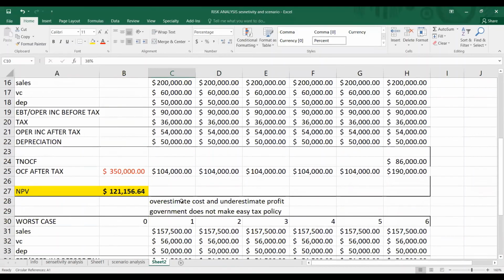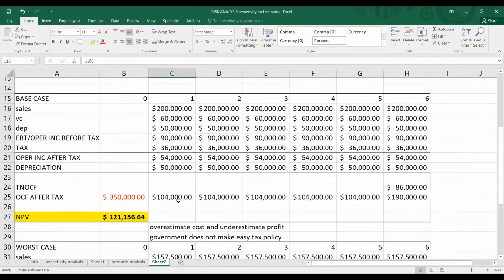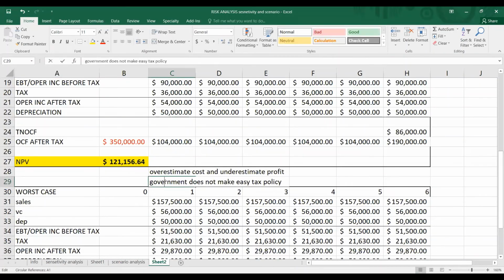But in our case, the government does not make any easy tax policy. So the tax will be overestimated, okay? This will be a rule for our case. So in the exam, if you're asked, you will overestimate tax as well.